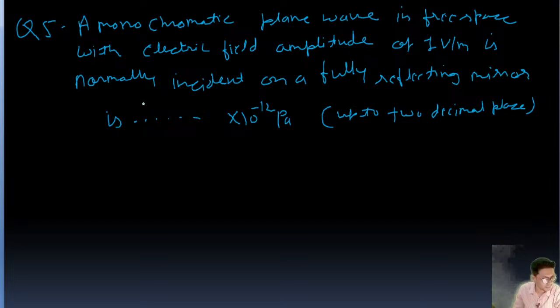The pressure exerted on the mirror, P. Pressure exerted on mirror, this we need to find out, okay.